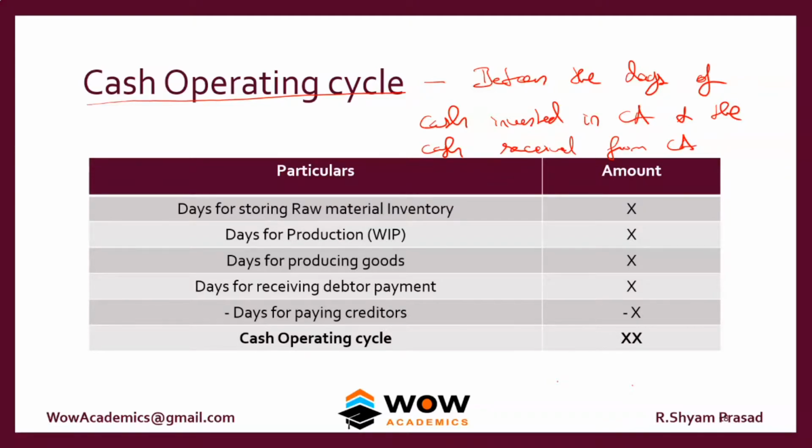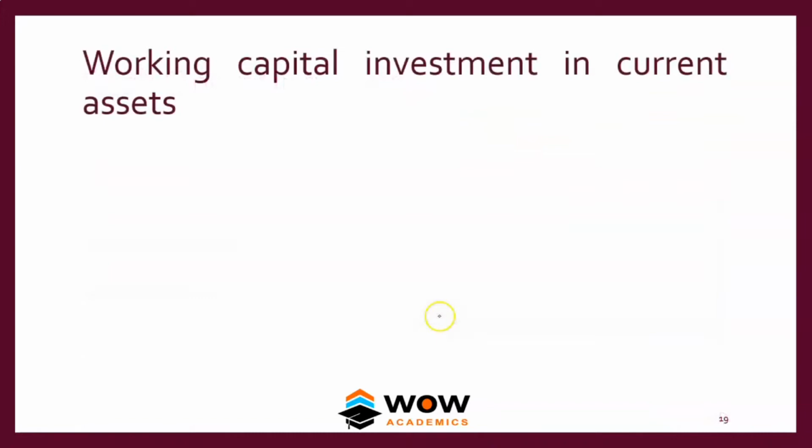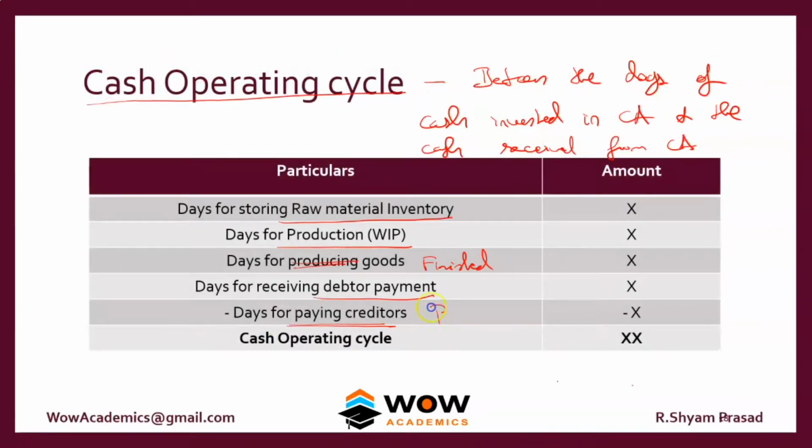So cash has been invested in terms of the raw materials, in terms of work in progress, in terms of finished goods. This is finished goods being stored in your company, and the goods which have been sold on credit, and deducting the paying the creditors. That is the short term payables that we got from our creditors.